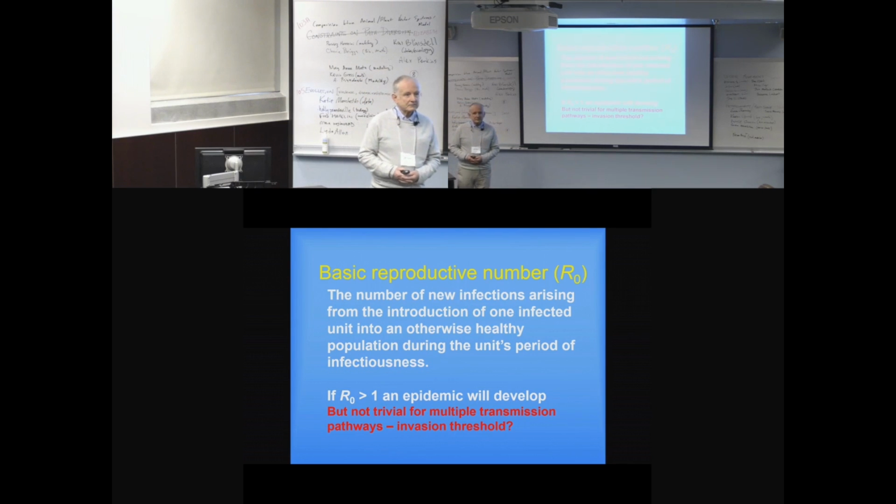There are problems with this. In my view, it's not always appropriate to use this as strictly defined, estimated using things like the next generation matrix, where you have multiple pathways of transmission. And that's something else I will come back to.